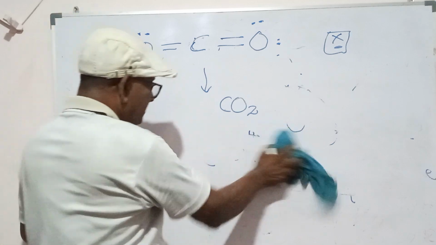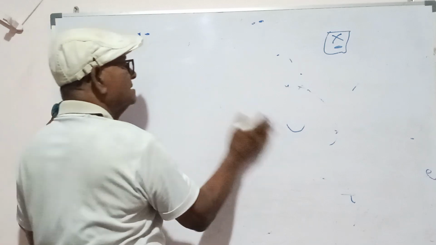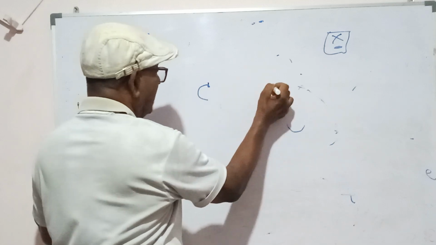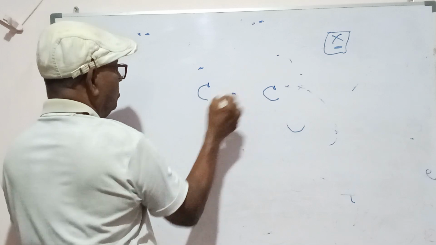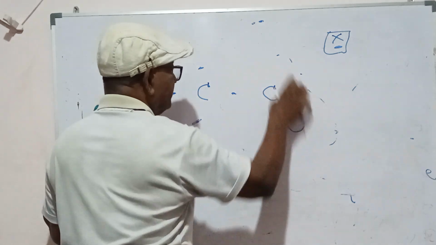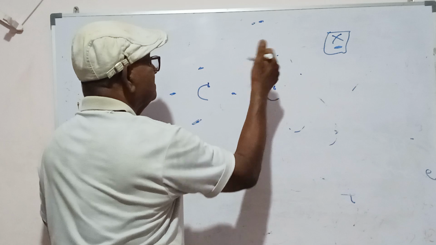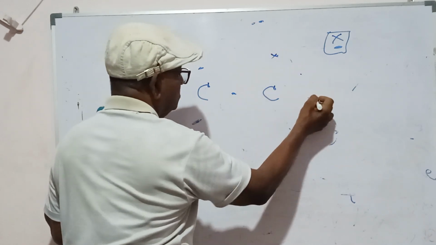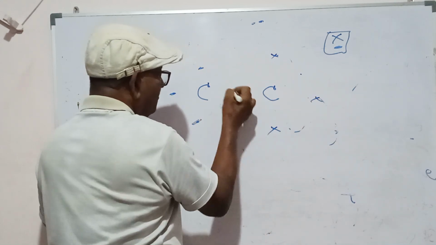Then, if we think about 2 carbon atoms, right? See here, there are 2 carbon atoms. I represent this carbon atom's electrons by crosses: 1, 2, 3, 4.